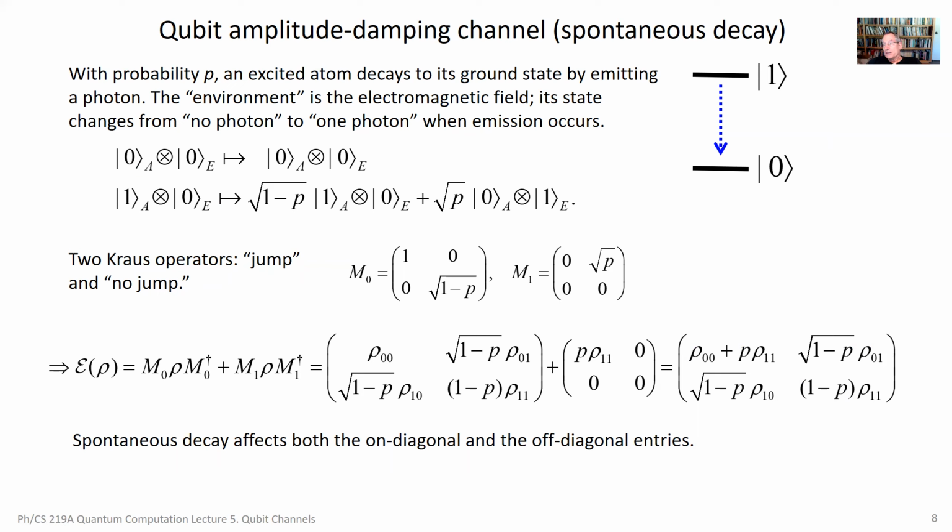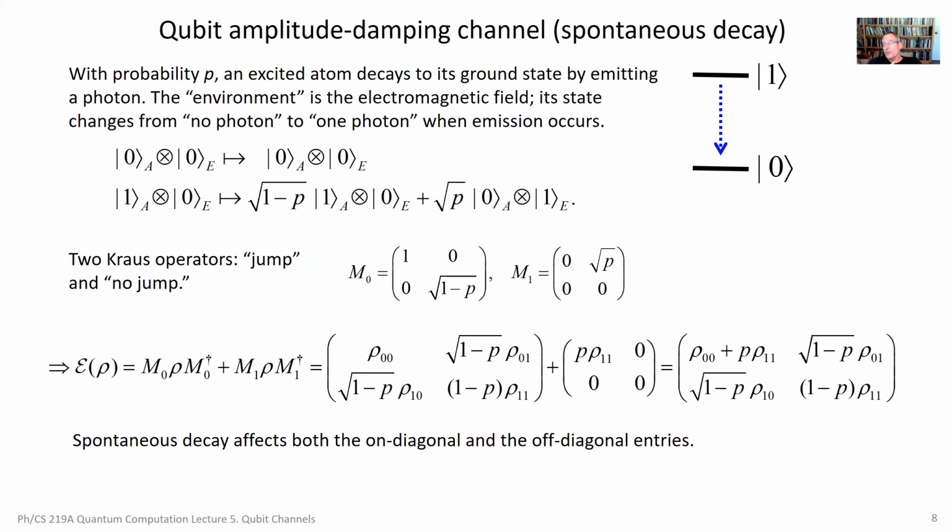And to begin with, it's just in the vacuum. That means there are no photons around at all. But after some time, there might be a transition from the excited state to the ground state, from 1 to 0. And when that happens, the state of the electromagnetic field changes. Now there's a photon there. In principle, I could detect that photon if I had a good high efficiency photodetector.